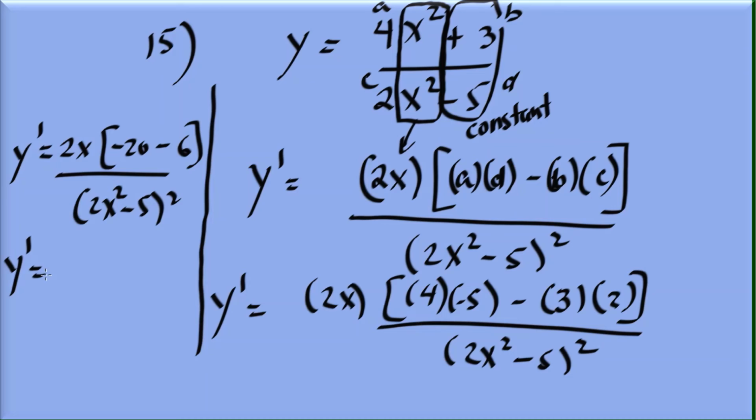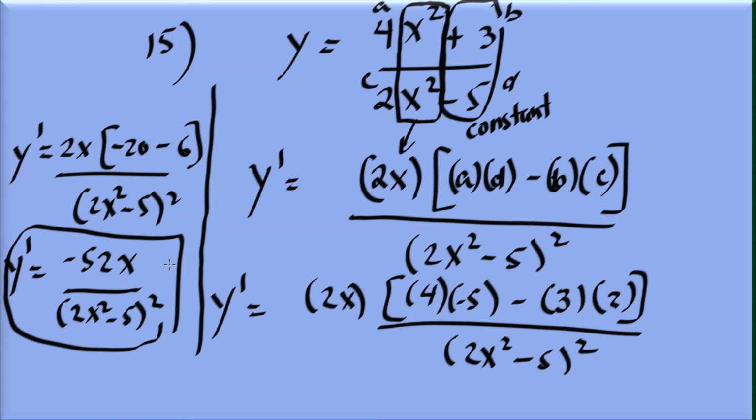So your y prime is, now this is negative 26 times 2, that's negative 52x over 2x squared minus 5 squared. Right, so that is, again, the quotient rule shortcut.